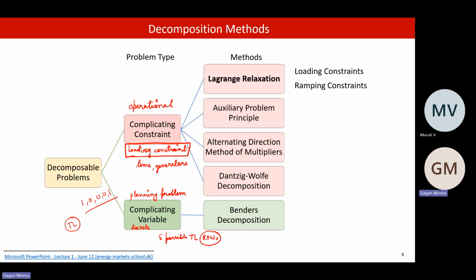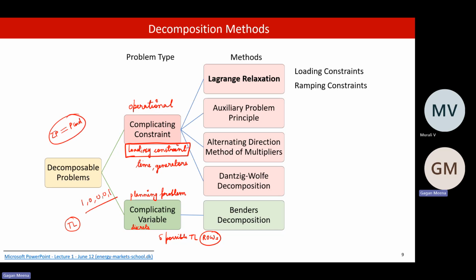Similarly, this constraint is also doing the same thing. It is coupling the output of the generator over time and over generators also, because the sum of generation has to be equal to the load for each time. So the output of one generator is affecting the satisfaction of this constraint.